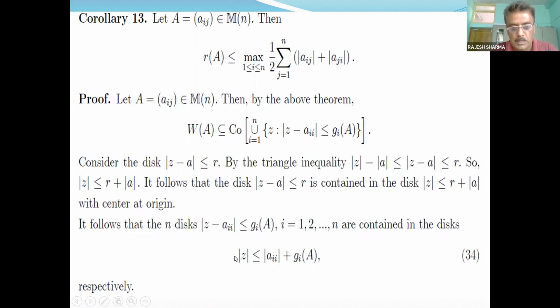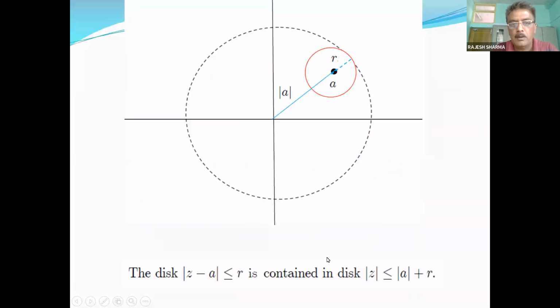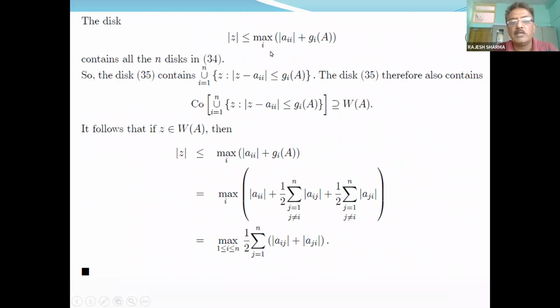Then all these disks are contained in this disk centered at origin, with the maximum of these on the right hand side. So |z| is less than or equal to the maximum over i of |a_ii| plus g_i(A). Since this is a disk, this is a convex set and therefore contains the union of all these disks. Therefore, we must have |z| less than or equal to the maximum of |a_ii| plus g_i(A). Now just substitute the value of g_i(A) and this simple calculation finally gives the main result.